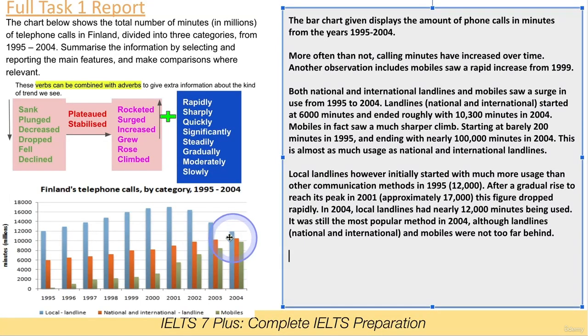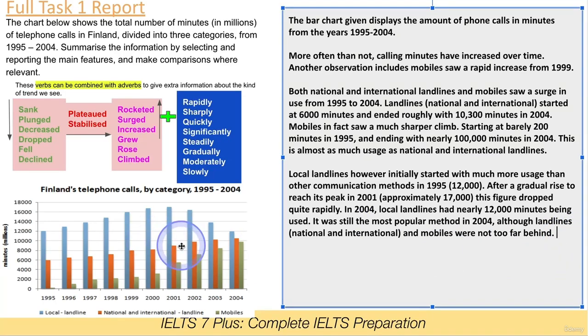Yeah, pretty rapidly. Maybe we could say quite rapidly. It's not really, really fast, but it's quite significant. In 2004, local landlines had nearly 12,000 minutes being used. Yep. It was still the most popular method, although landlines, national and international, and mobiles were not too far behind.